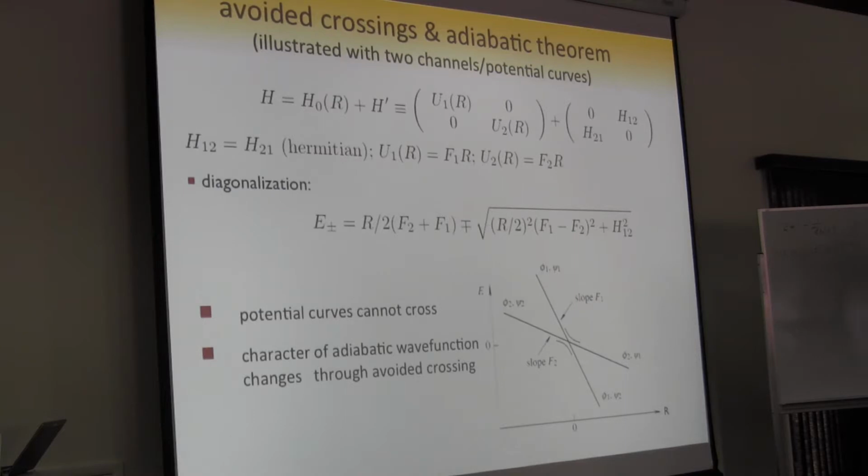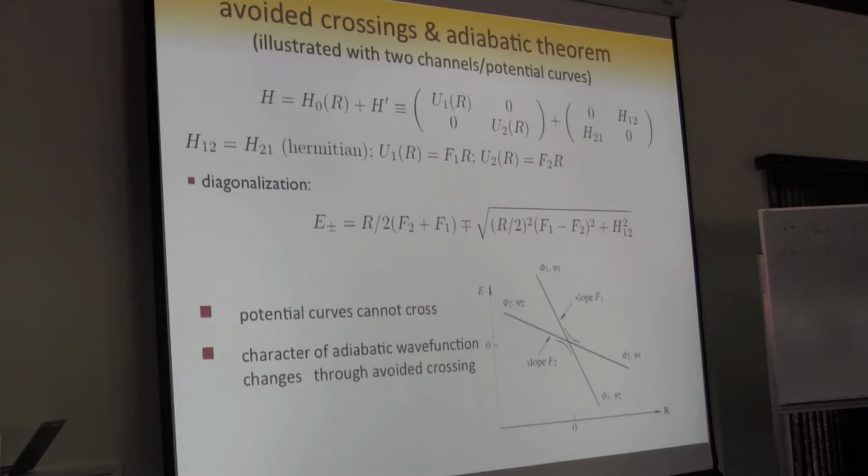So let's take now 2 potential curves, 2 channels. Without any perturbation, they are assumed to cross here. The potential curve 1 is, just for simplicity, written here as a linear energy. And the other one also as a linear energy, the next channel, but with a different slope. F1 and F2 are the slopes here.